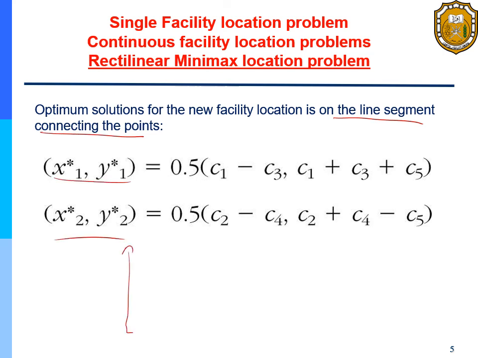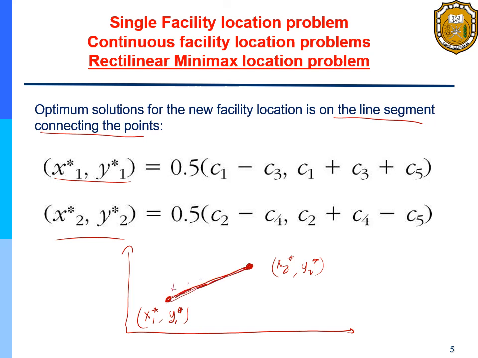In this coordinate system, let's say you will find one coordinate x1 star and y1 star, and you will find another point which will be your x2 star and y2 star, and your facility can be located anywhere on this line segment. There are alternative optima.